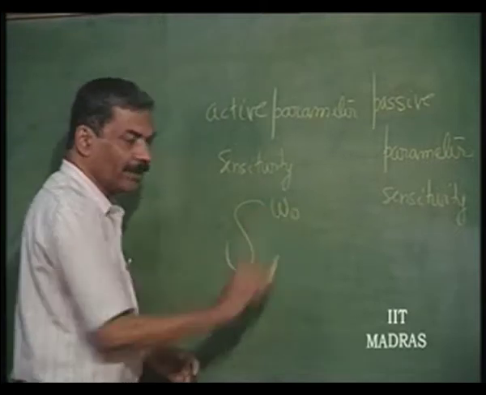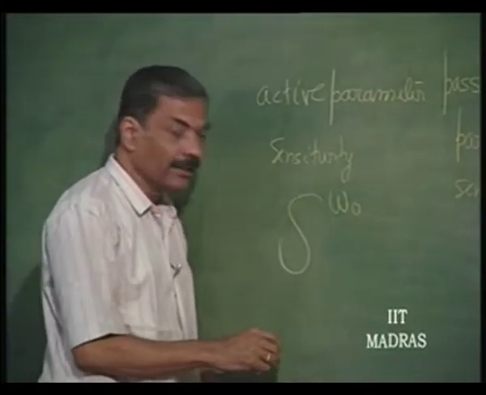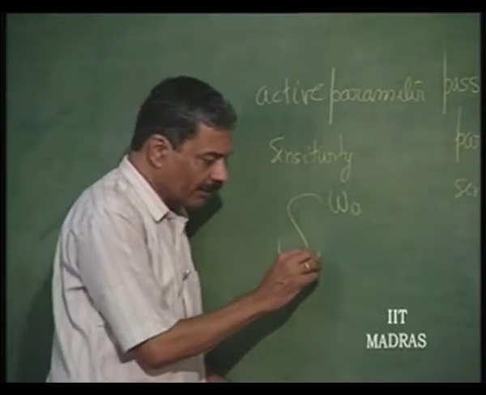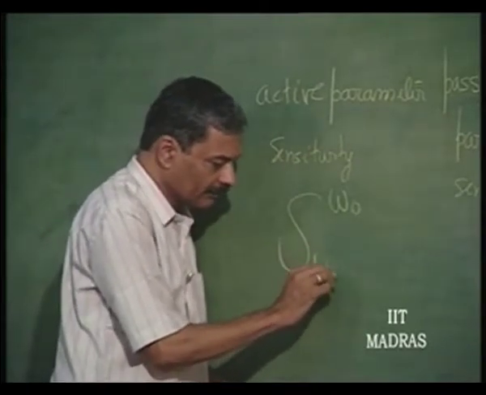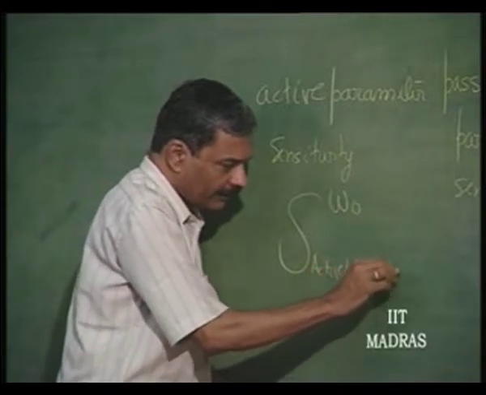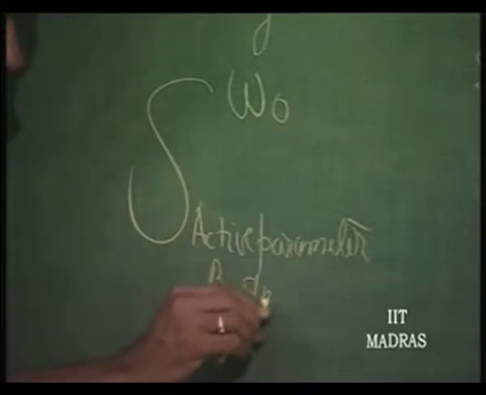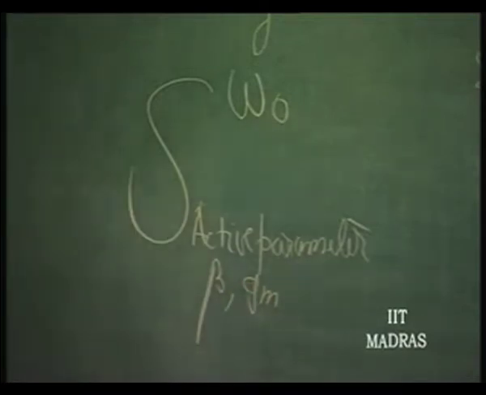Is omega naught sensitive to the active parameters of the device that you are using? Let us say beta of the transistor. For example, one active parameter is beta of the transistor, or gm of the transistor. These are all active parameters.